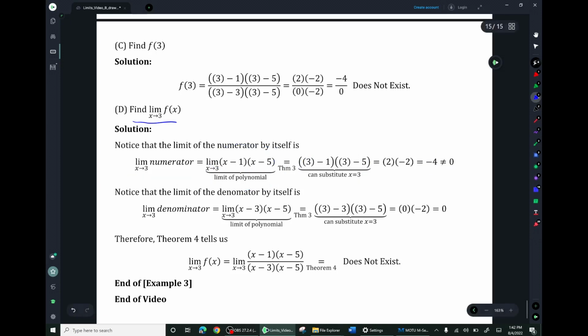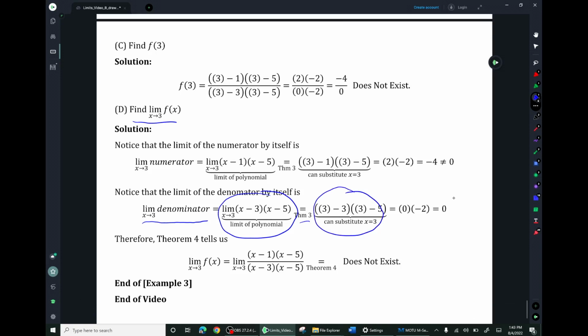What if we took the limit of the denominator by itself? So the limit of the denominator would be this limit, the limit of the quantity x minus 3 times the quantity x minus 5. So in other words, the limit of a polynomial. Theorem 3 tells us, again, we can find the limit of a polynomial by just simply substituting in the x value, and we get that the limit of the denominator by itself is 0.